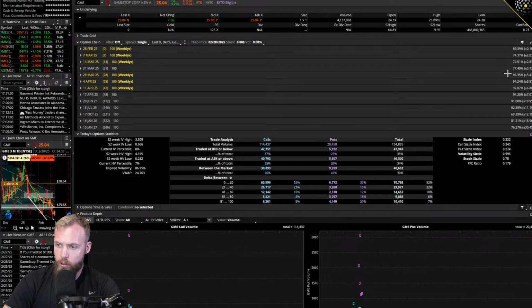So for a 2 standard deviation move over that time frame, you're essentially looking at plus or minus, in this case, $3.71. You're looking at plus or minus $4 and change. So you can calculate the actual expected range.